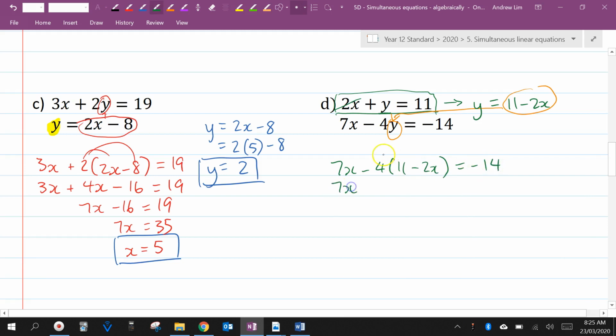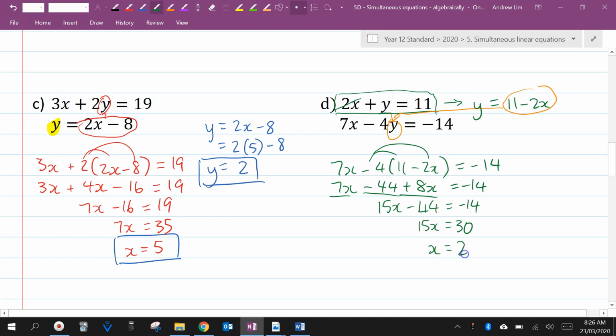Expand: 7x minus 44 plus 8x is equal to negative 14. 7x plus 8x is 15x. We still have minus 44. Add 44 to both sides. Divide both sides by 15. x is equal to 2.